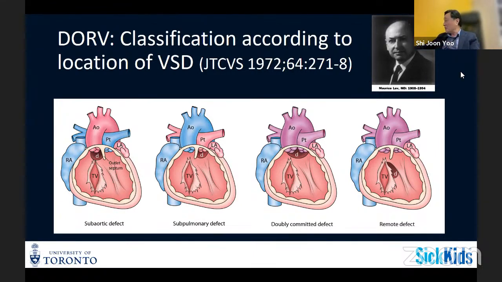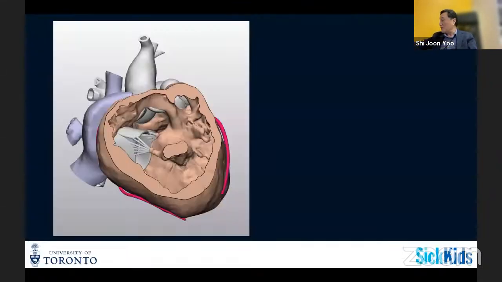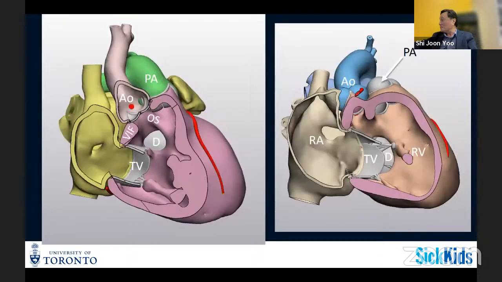But the problem is that when you have this defect, it is very difficult to define an aorto left ventricular or aorto right ventricular communicating channel. That should be understood.